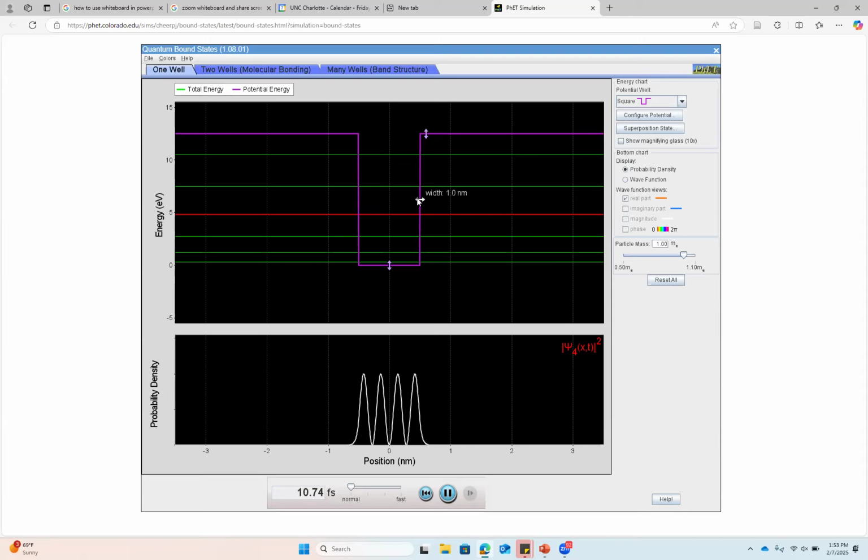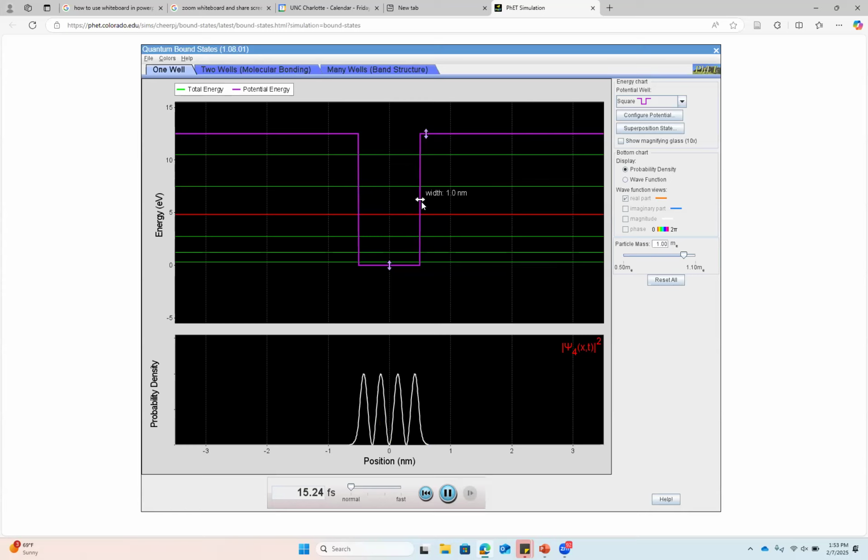The energy goes as one over L squared, where L is the width of the potential. So if I increase L, your energy is going to go down, right? And also the spacing between these energy levels will become closer. So this is what you will see here.